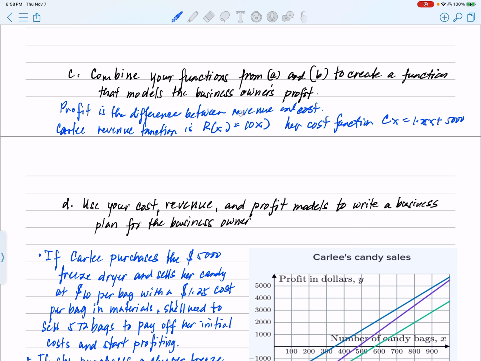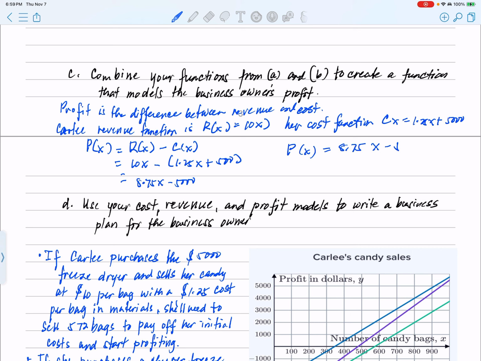So that would be 10x minus (1.25x plus 5,000). So substituting and subtracting, we come out with 10 minus 1.25, that is 8.75x minus 5,000. So the profit function would be 8.75x minus 5,000. That's the profit.